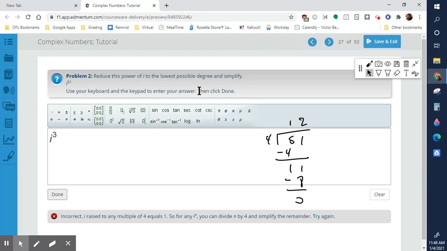Reduce the power of I to the lowest possible degree and simplify. Does it literally just want me to write down 3? Okay.